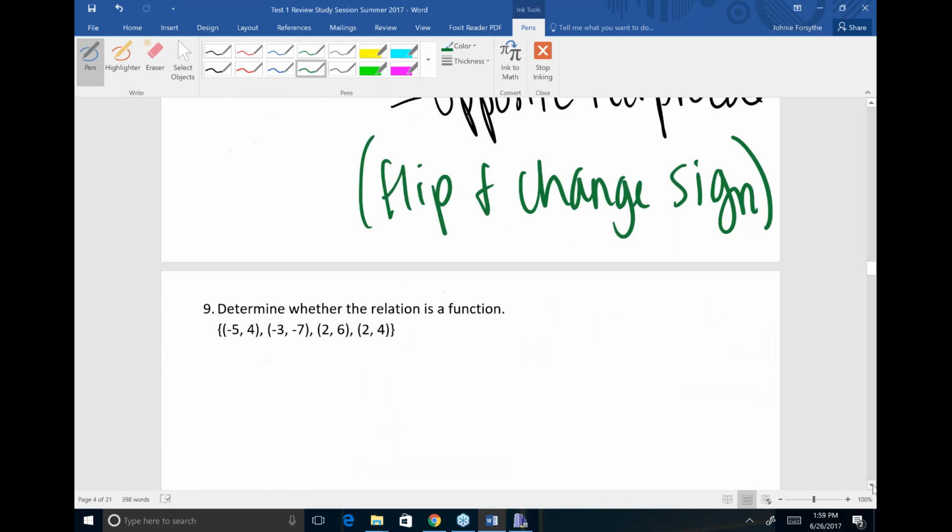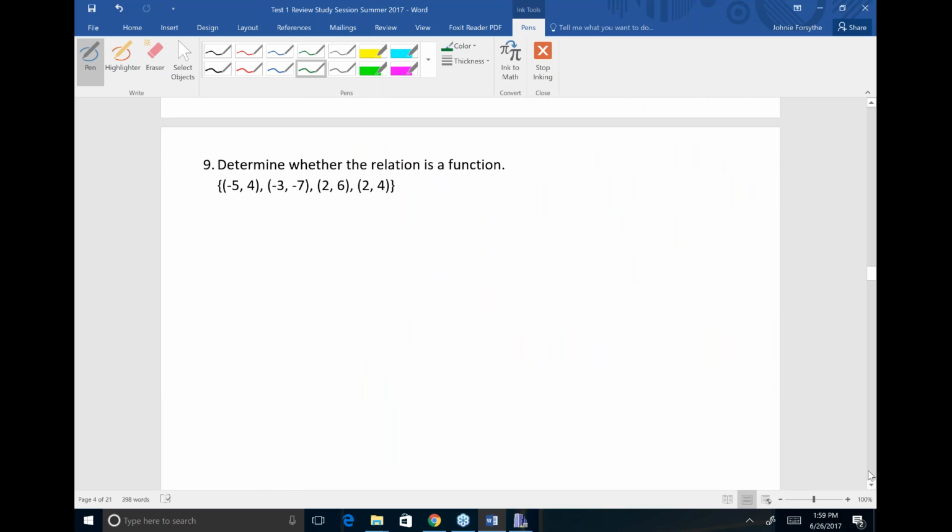Okay. For problems like this, determine whether the relation is a function. Basically, you don't want your x values to repeat and to have a different y value. If that ever happens, that means it's not a function. Because if you input, say for example, 2, so you've got 2 and 2 here.